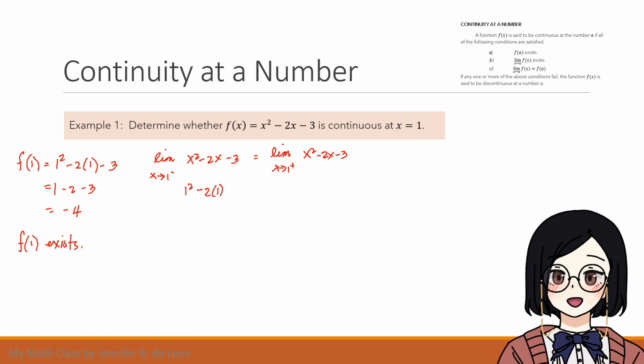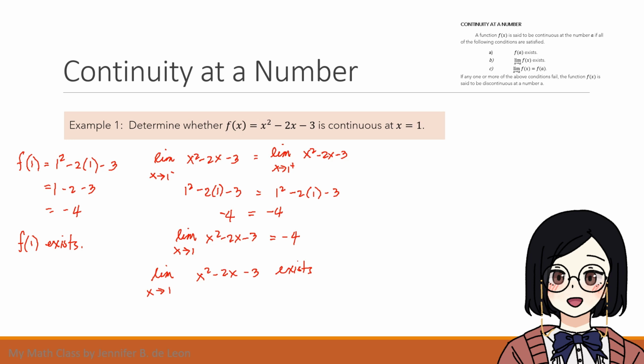So we will have 1 squared minus 2 times 1 minus 3 is equal to 1 squared minus 2 times 1 minus 3. We can see that both sides of the limit are equal to negative 4. Therefore, the limit of x squared minus 2x minus 3 as x approaches 1 is equal to negative 4. Therefore, the limit as x approaches 1 exists. We can see that the given function satisfies the second condition.